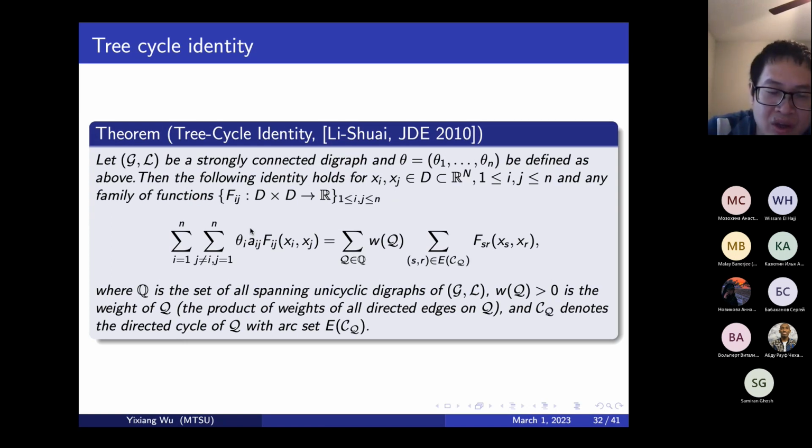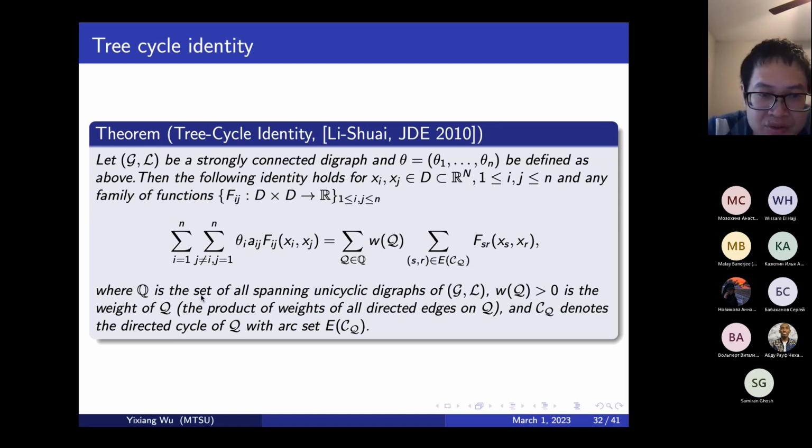In a lot of situations, you really need to look at a double sum like this. This tree cycle identity says that your left-hand side, this double sum, can be written as the right-hand side. The right-hand side is also a double sum, but it is related to the cycles in the graph.